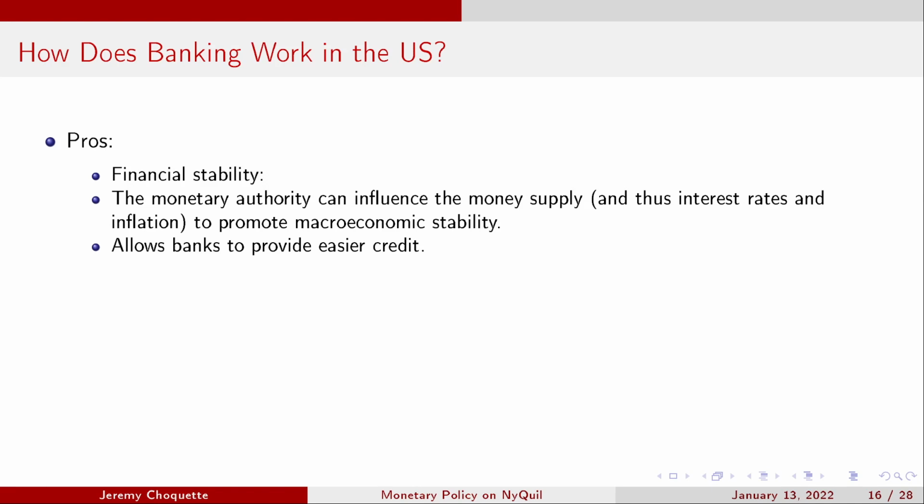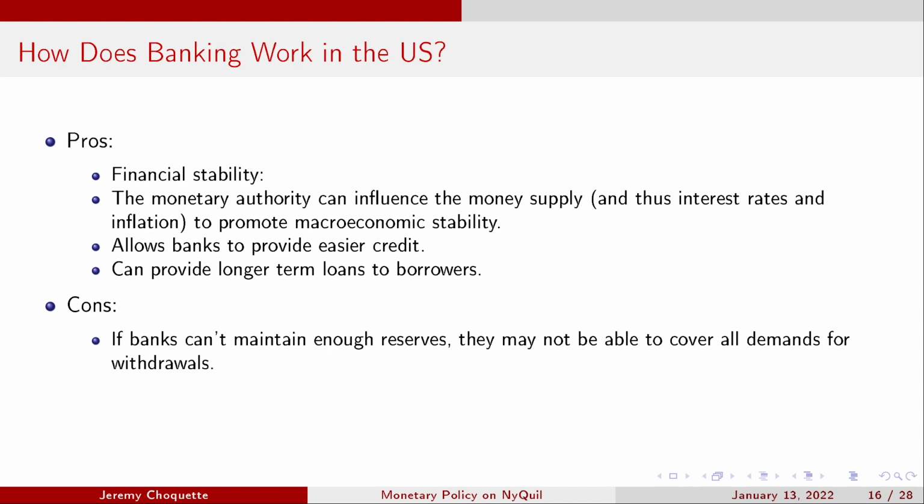It also allows for banks to provide easier credit, and it can allow for longer-term loans to be made by banks to borrowers. But there are some drawbacks to fractional reserve banking. Namely, if banks can't maintain enough reserves, they may not be able to cover all demands for withdrawals.